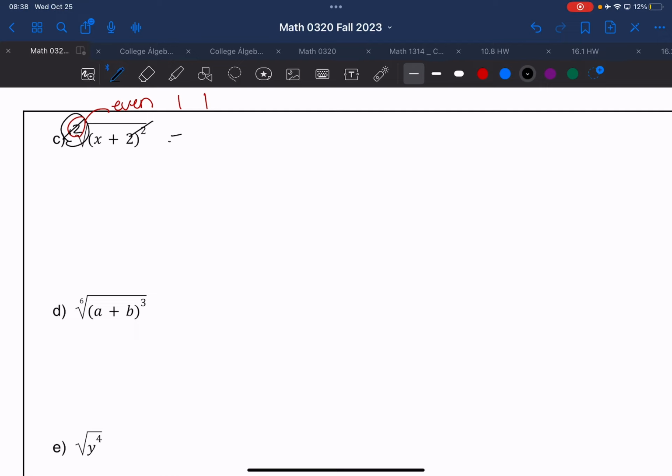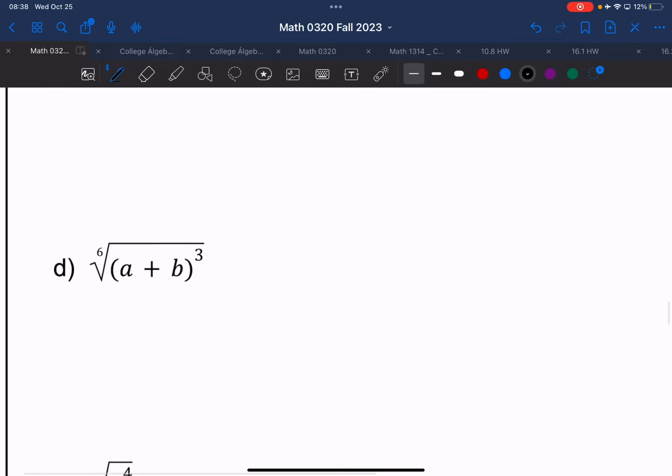So that means my answer is going to be what? Absolute value of x plus 2. And I can't simplify that further because of the variable. Okay? So this would remain absolute value of x plus 2.